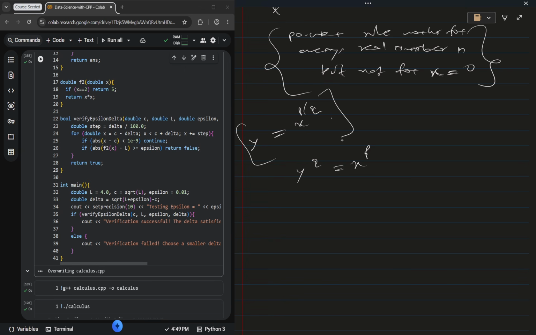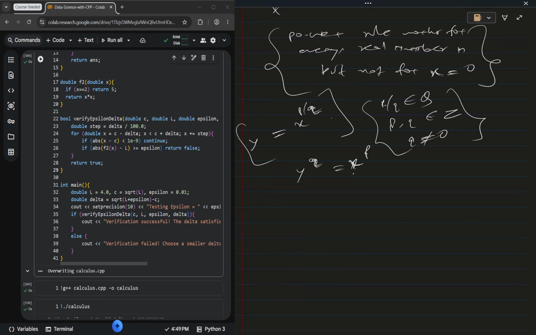And obviously in a fraction like p by q, p comma q belongs to integers, and q not equal to 0. So you have y to the power q equals x to the power p.